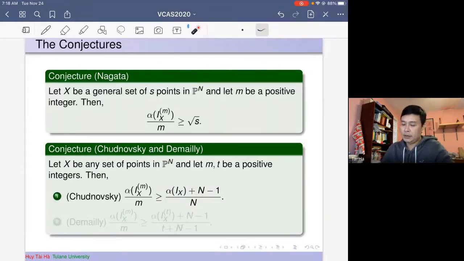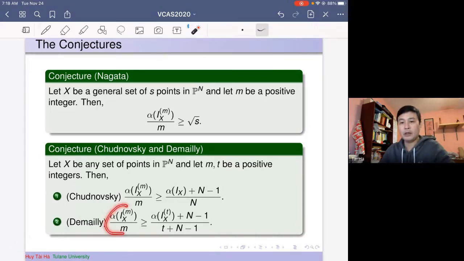Okay. Demailly later on generalized Chudnovsky's conjecture, saying that the same quantity on the left-hand side is bounded below by a similar quantity on the right-hand side, except now instead of just alpha of I_X, we look at alpha of the t-th symbolic power of I_X. And the denominator, of course, also changes with t. And when t equals 1, you just get back Chudnovsky's conjecture.